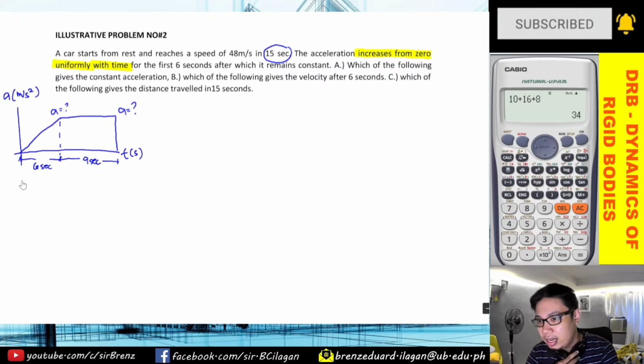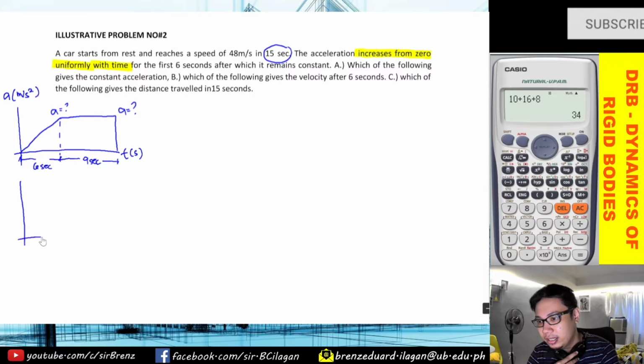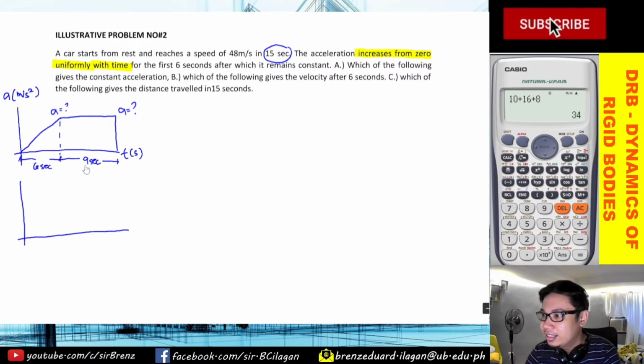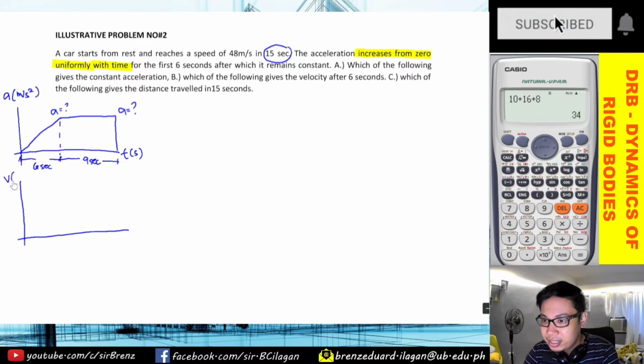Next, the one that follows the acceleration diagram is our velocity diagram. So your velocity is in meters per second, and again the x-axis is time, in seconds.